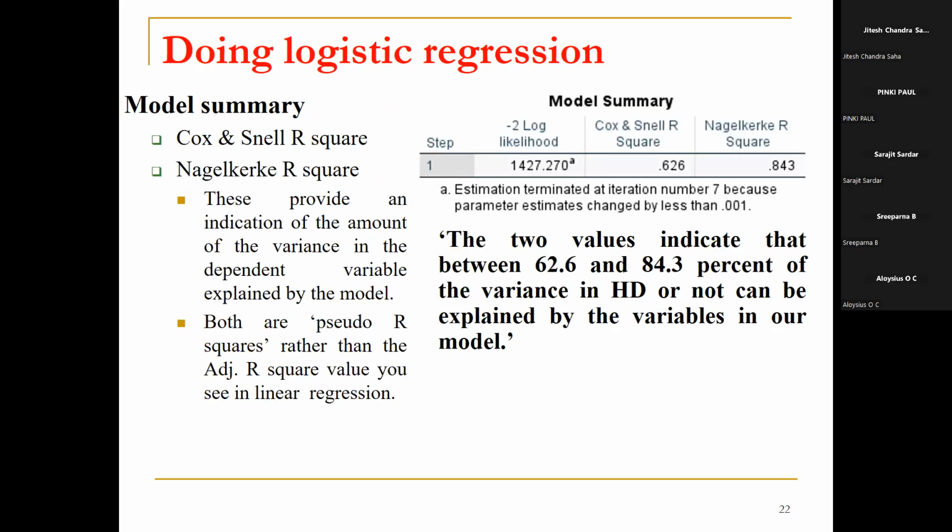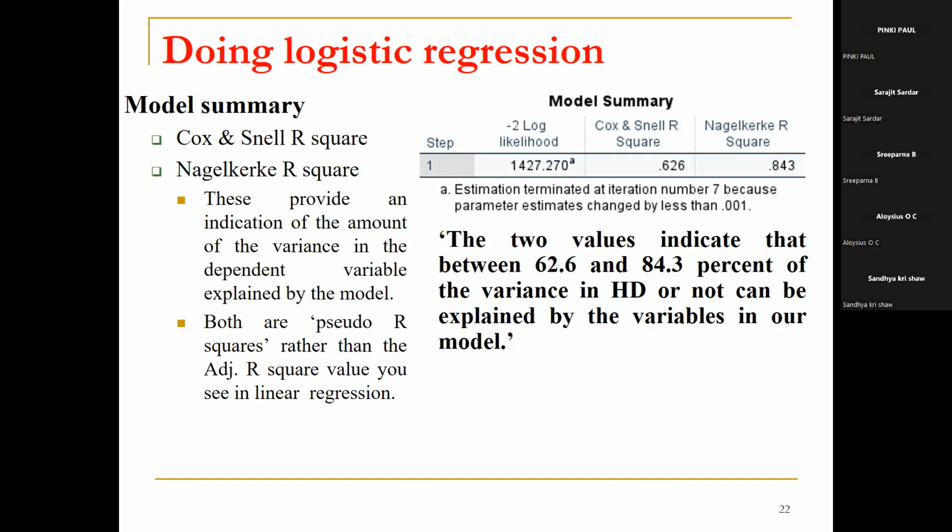You see that the Cox and Snell says 62%, and Nagelkerke is 0.83, so you can take it as well.